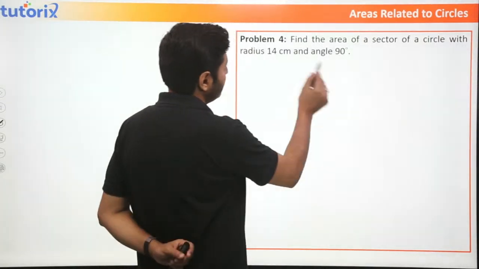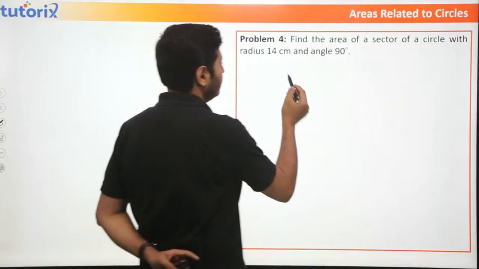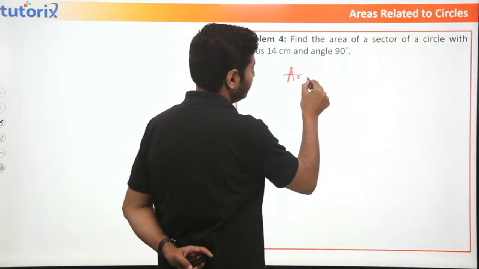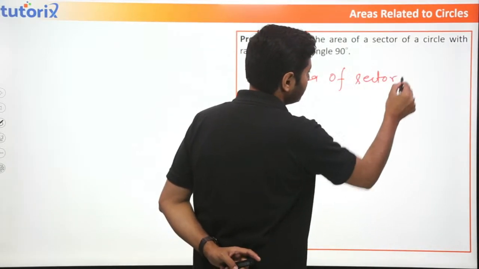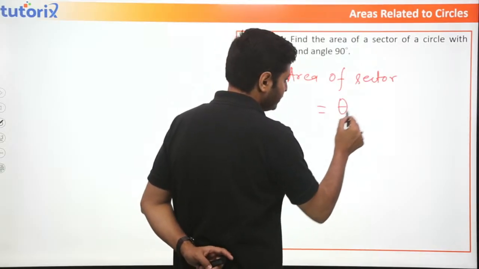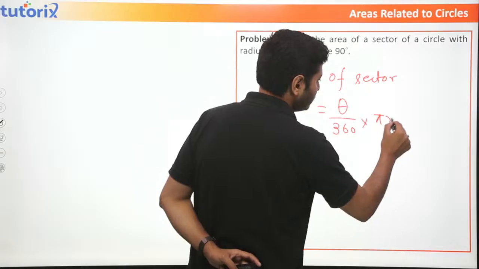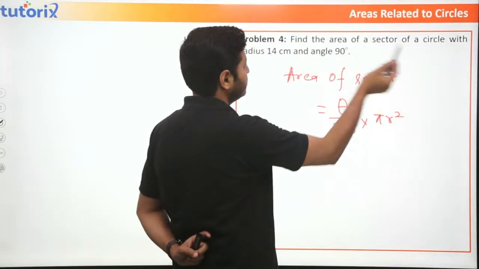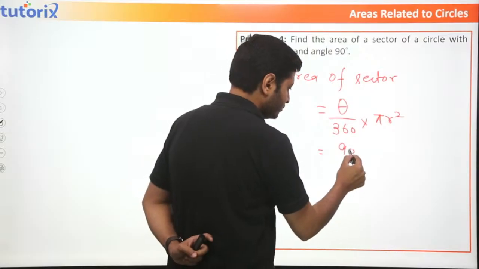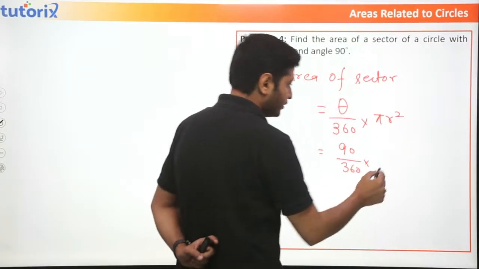Okay, look at the problem. Correct answer. Now, area of sector is what? Theta by 360 into area of circle, that is pi r square. Theta value is given to us, 90 degree. So 90 by 360 into pi r square, r is also given, 14.